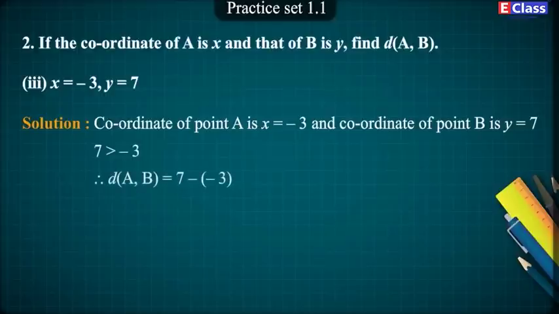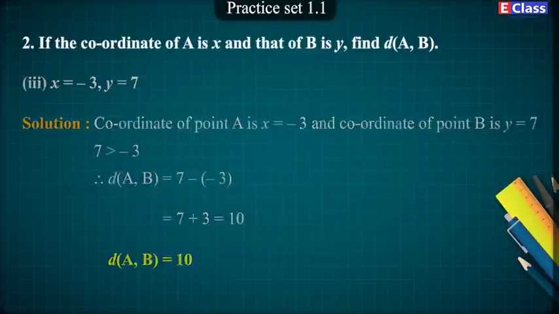Therefore, distance of AB is equal to 7 minus (-3), which is equal to 7 plus 3, which is equal to 10. Answer: distance of AB is equal to 10.